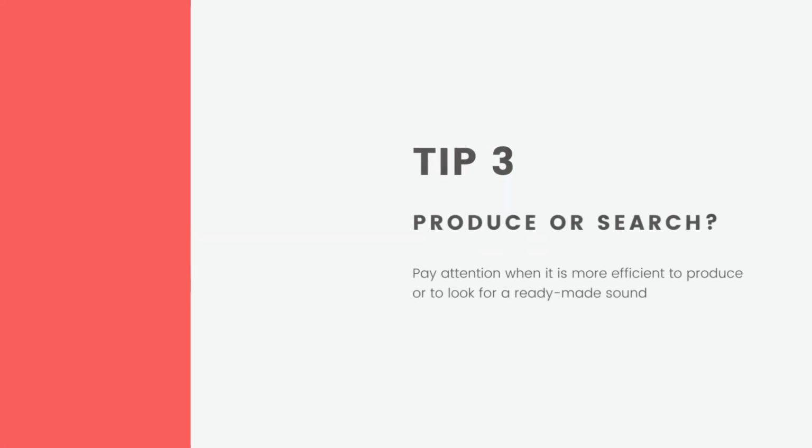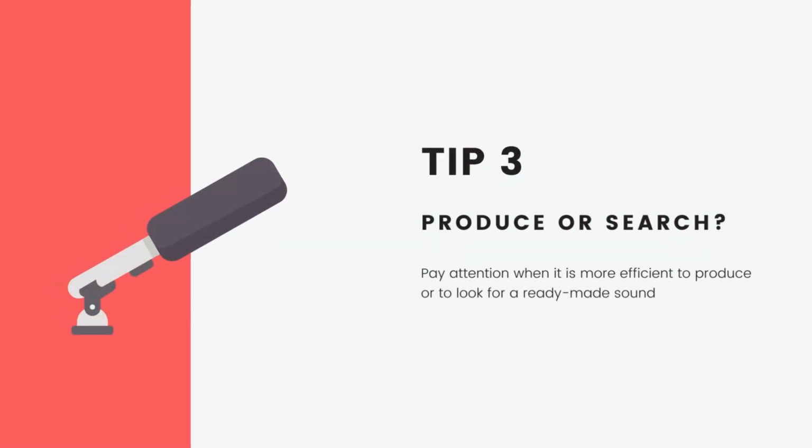So this is the third tip, and it's very important. Produce or search. Pay attention when it's more efficient to produce or to look for a ready-made sound. In that example that I showed you, a thunder is easier to search than to produce. But take a look at this example.